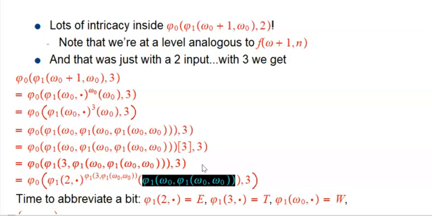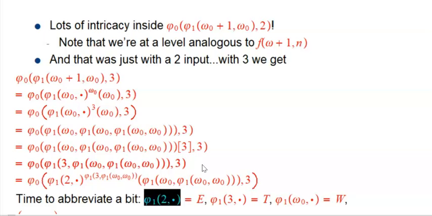Okay, so it's kind of cool how these things blow up on the page, but I do want to actually abbreviate it so that it's not ridiculously big. Phi 1 of 2 dot, this is just the phi 1 version of what I was calling E toward the start of the videos. It's just that exponential thing, x times 2 to the x. And then phi 1 with a 3 dot is the phi 1 level version of tetration, or the tetration level of the fast-growing hierarchy.